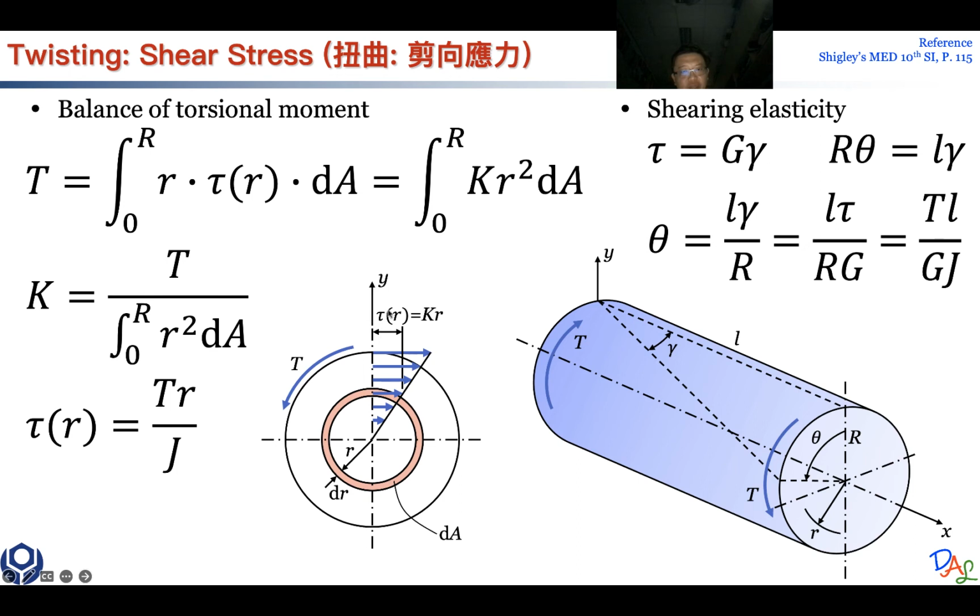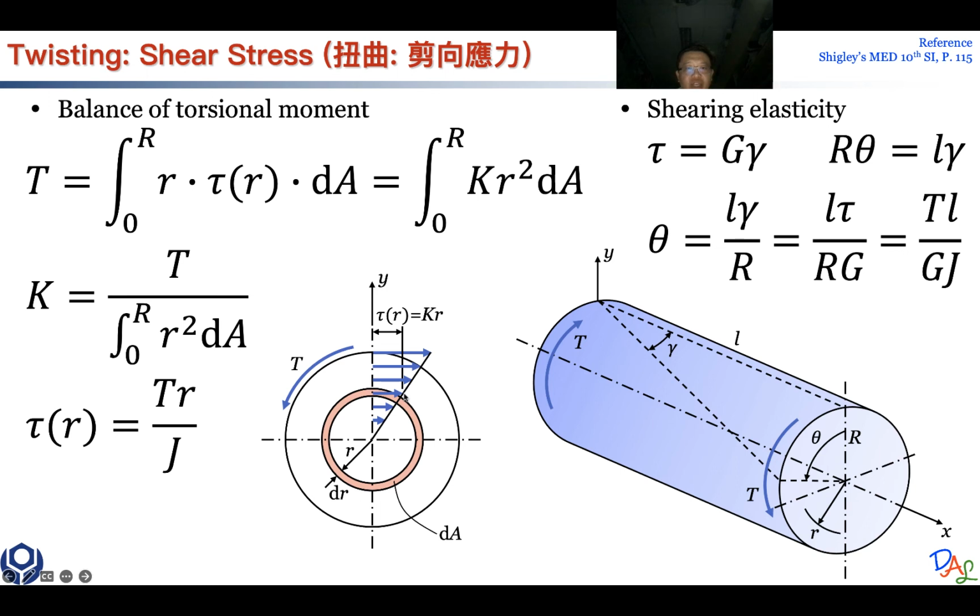We say there's stress of tau right there, and because of that linear relationship, we're sure tau is a function of r, and we assume it equals kr. What is k? Just a coefficient to represent its linear relationship. So there's tau r right here.